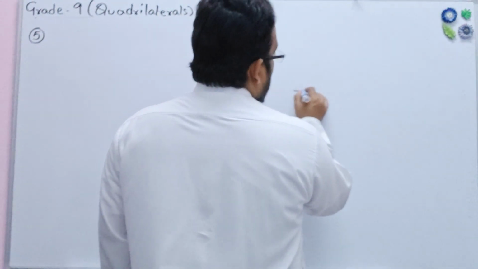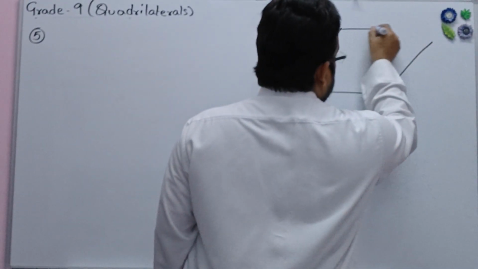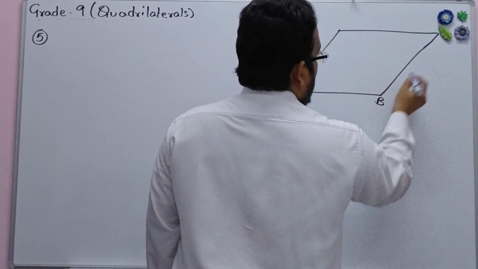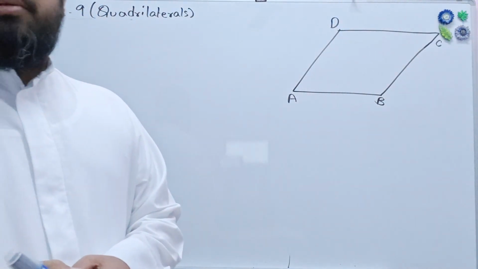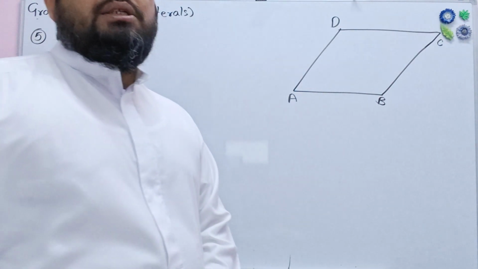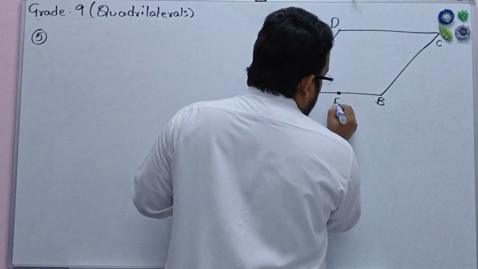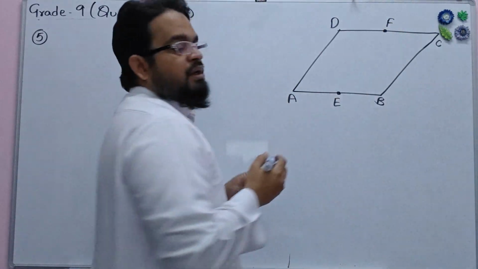So fifth problem, in a parallelogram ABCD. So there is a parallelogram ABCD, with A, B, C and D. E and F are midpoints of AB and CD respectively. So E is midpoint of AB and F is midpoint of CD.